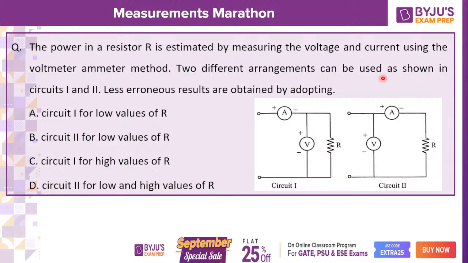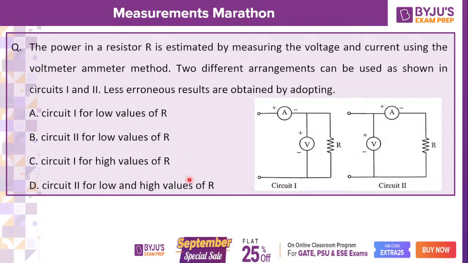Two different arrangements can be made, as shown in circuit 1 and circuit 2. Less erroneous results are obtained by adopting. Can you tell me in which method you will get less error?